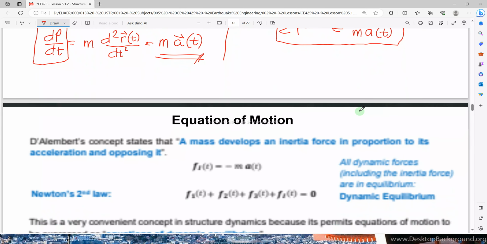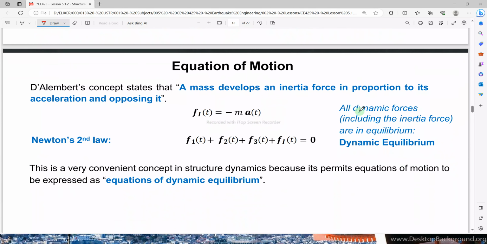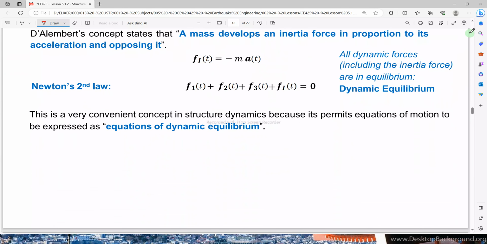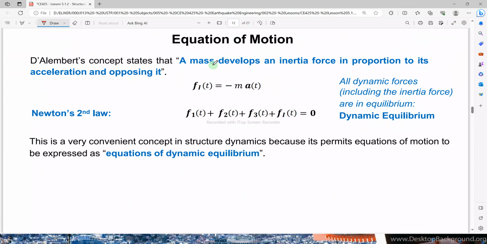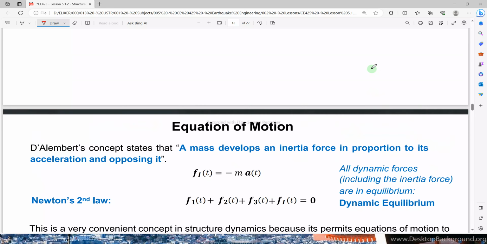Now, what is D'Alembert's principle? The concept of D'Alembert is that a mass develops an inertia force in proportion to its acceleration and opposing it.